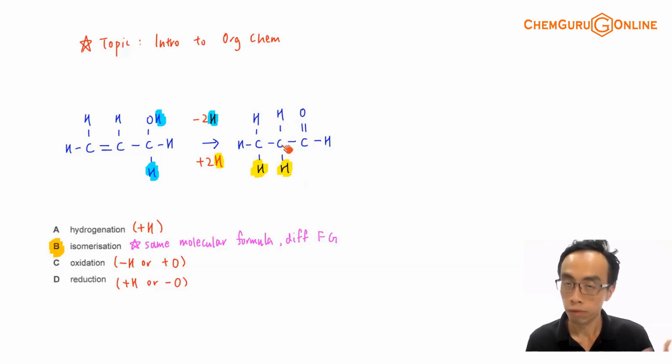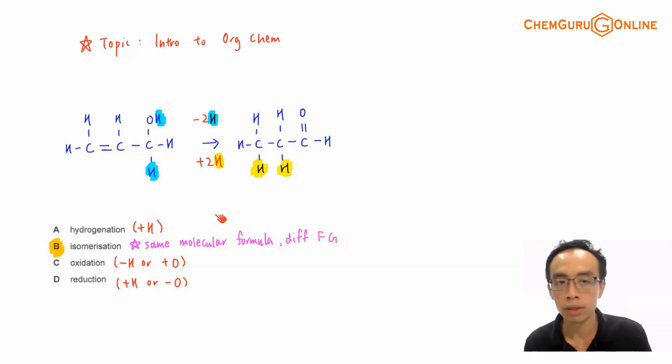Comparing my product and my reactant, they end up having the same molecular formula, but the functional group is different. So saying that this is isomerization is actually the best answer in this case, and therefore the answer will be option B.